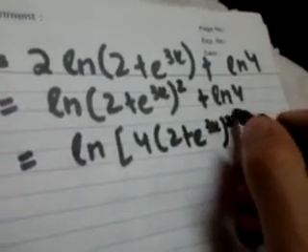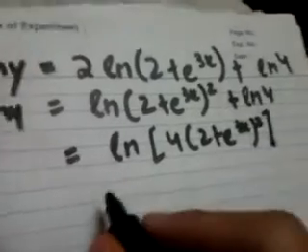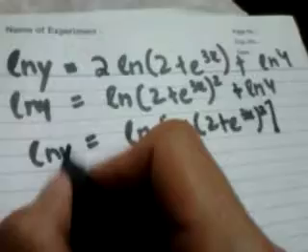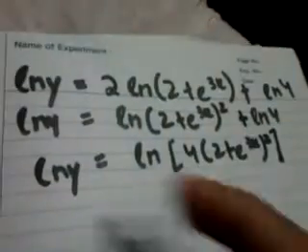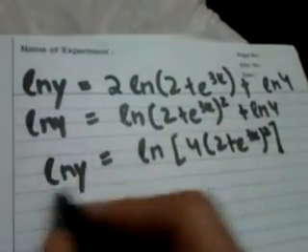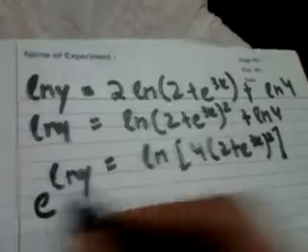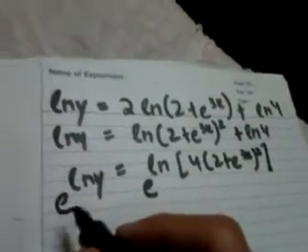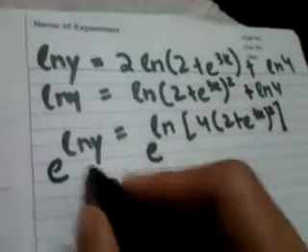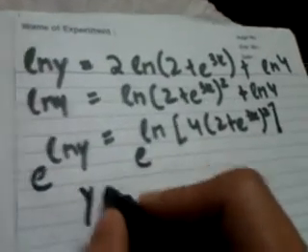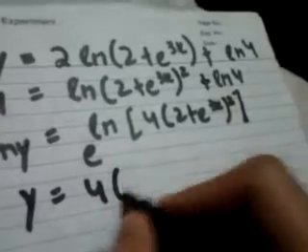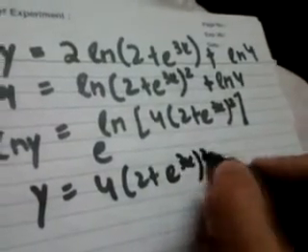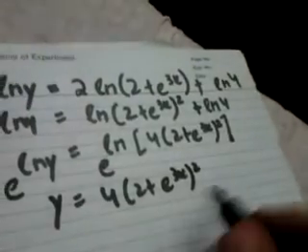I'm assuming you know all the logarithmic rules, so ln y equals this. In order to cancel the ln, we take e to both sides, and ln and e are inverse functions of each other, so y equals 4 times (2 plus e to the power 3x) whole squared. And this is the solution.